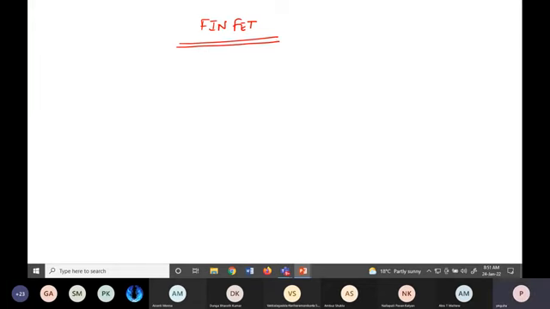One of them is FinFET. So let's start with this particular device discussion.